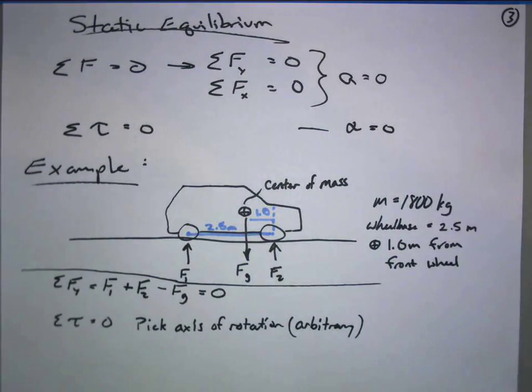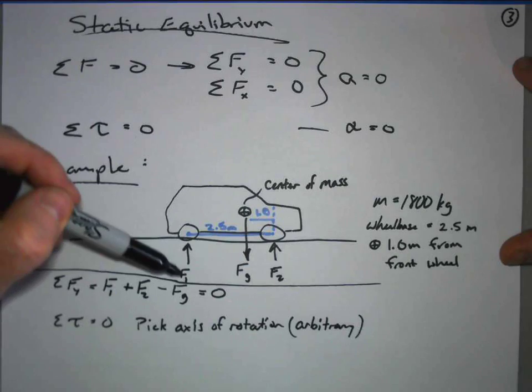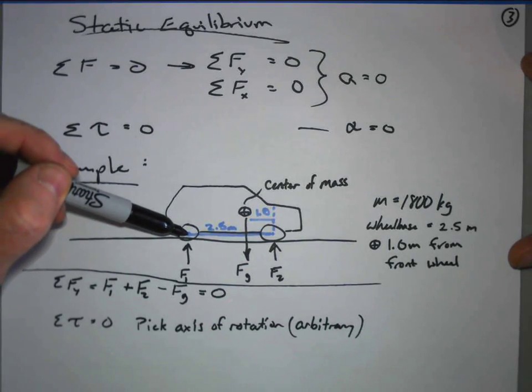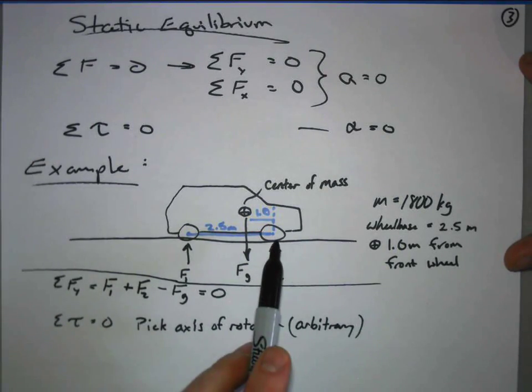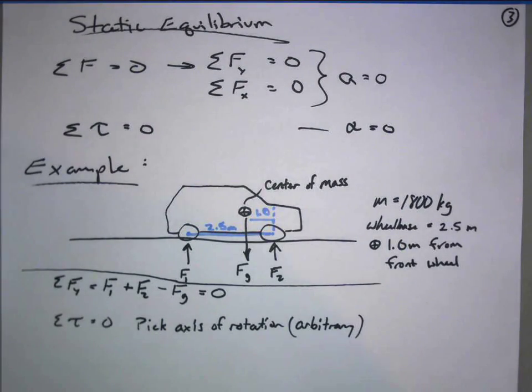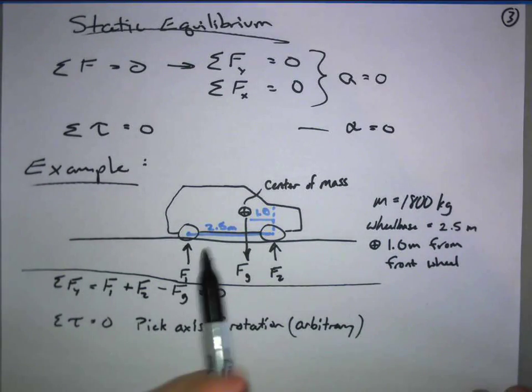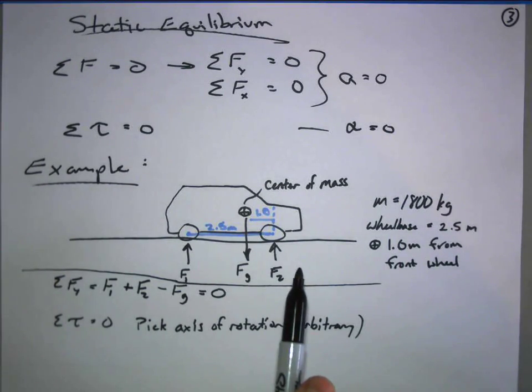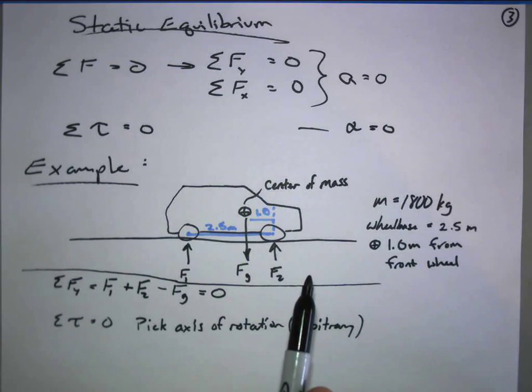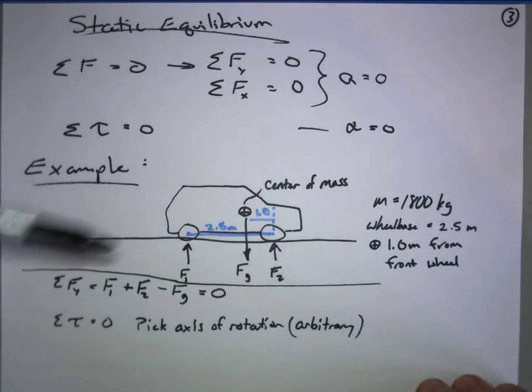I can pick this location where the force number 1 is applied. I can pick this location where force 2 is applied. It really doesn't matter. It's going to be the same amount of work either way. If I were to pick some other location, it would be more work. I want to pick something nice.